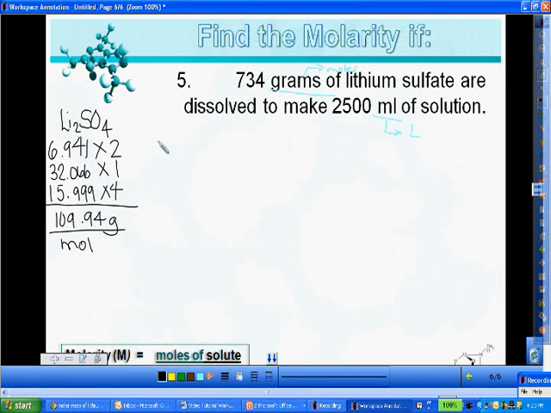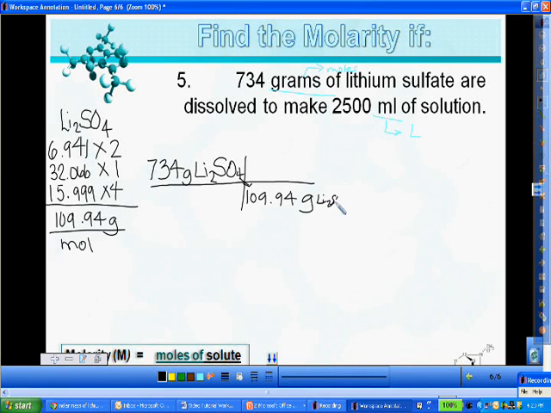Now we can start with the conversion. You have 734 grams of lithium sulfate. So the first thing we're going to do is put grams opposite so that we can convert grams to moles. We have our grams, 109.94 grams of lithium sulfate, and 1 mole of lithium sulfate.